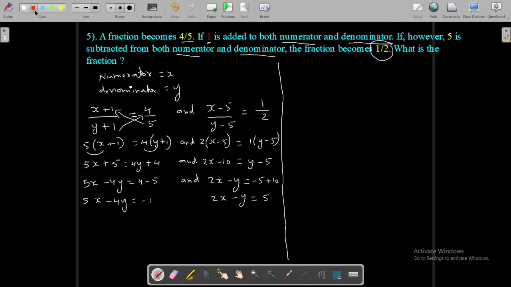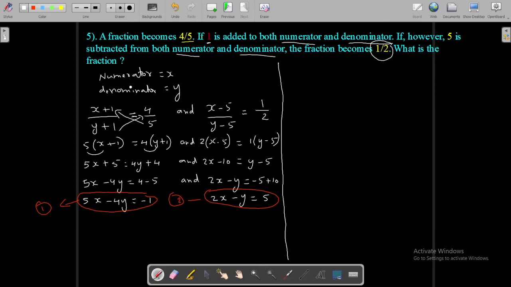So this is my equation 1 and this is my equation 2. Now I have to solve these two equations. If I solve these equations, I will be getting the answer.